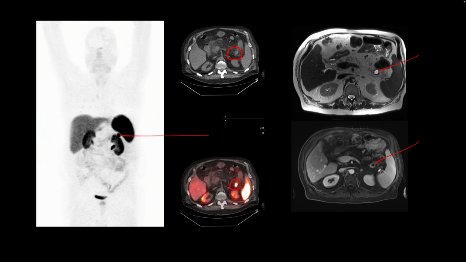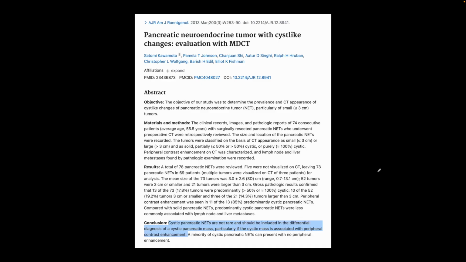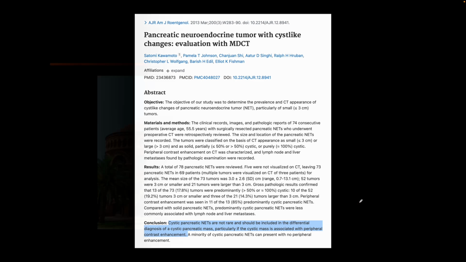So cystic degeneration of tumors can happen, and that's the interesting part about this patient, that they had a pancreatic neuroendocrine tumor and a couple of years later it became cystic. Here is a good paper on cyst-like changes in pancreatic neuroendocrine tumors when evaluated with multi-detector CT.